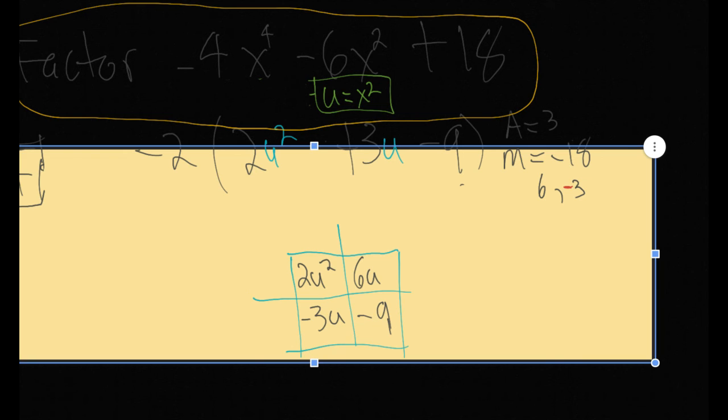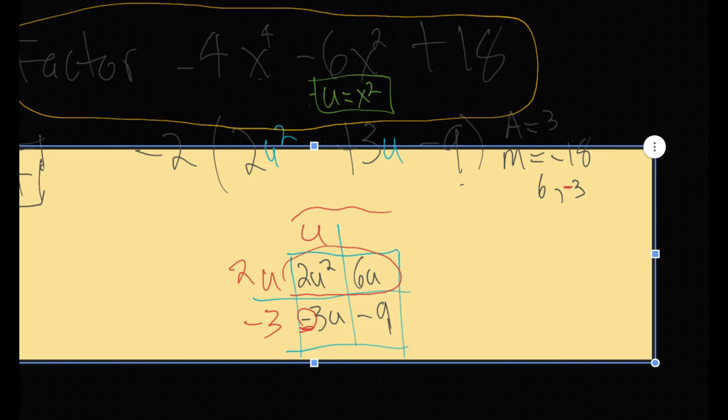So if I look, what are the common factors? Well, right there, 2 is definitely a common factor, and so is u. Then on the next line down, I've got a leading negative. Okay, that negative right there. And then I've got, so negative 3 is the only common factor. Okay, and then what I'm going to do is divide across the top. So I've got 2u squared divided by 2u, which will make u.